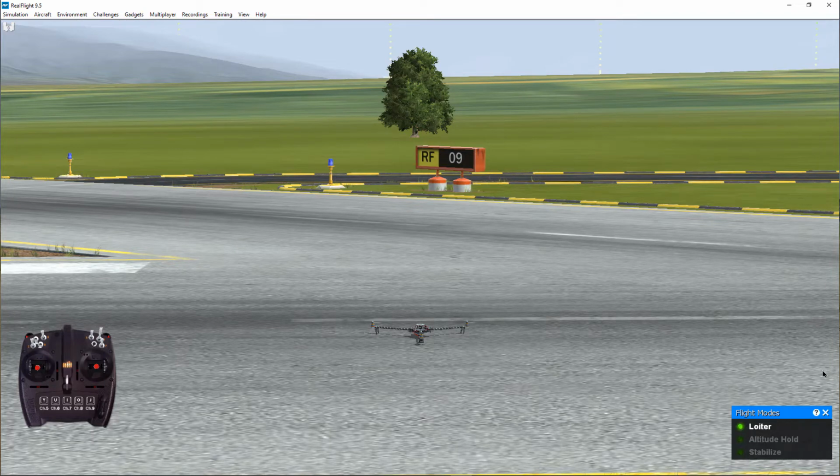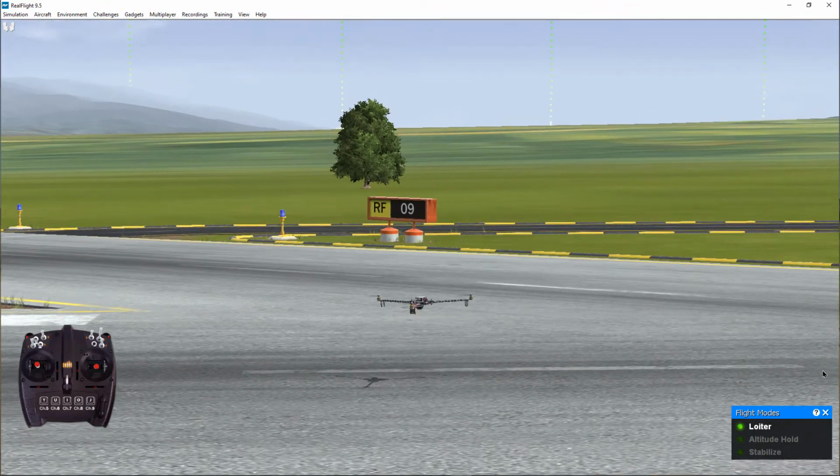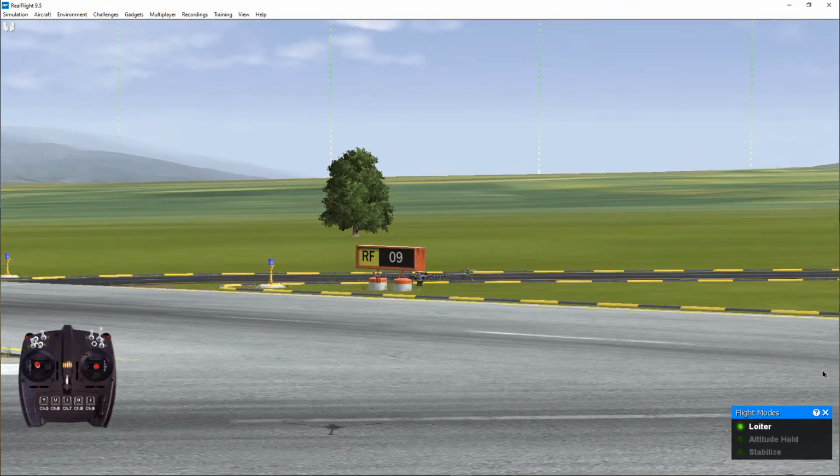The moment you put the throttle on, the aircraft may start to lift. So just know that from 0 to 50%, noticing the left stick in the corner here, it doesn't appear that the aircraft lifts, but once you get to 51%, the aircraft will lift. Okay.